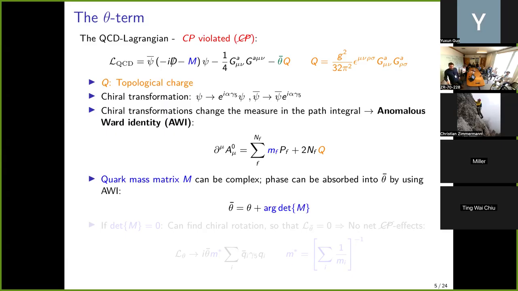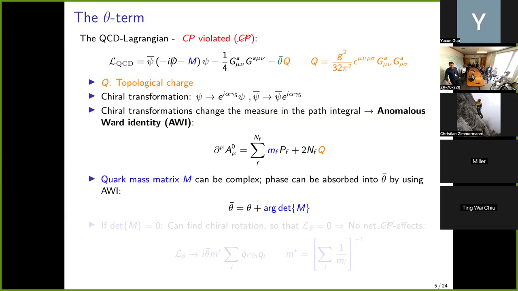And through this identity, we can basically use it to shuffle around phases that can arise formally in the quark mass matrix. So you can use chiral transformations to change the constant theta and instead have a phase in the quark matrix.